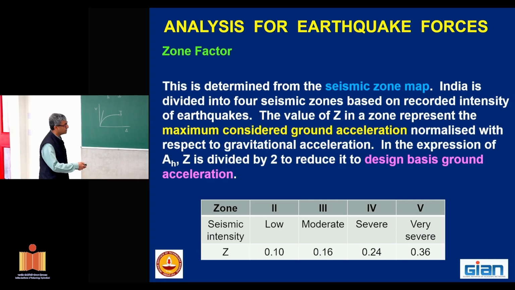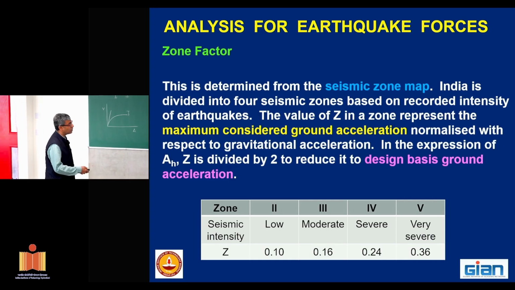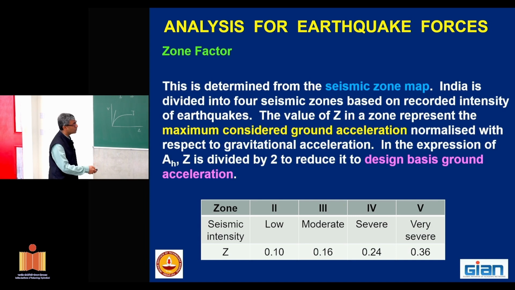If I go to Chennai, which is in zone 3, it is about 16% of g. If I go to zone 4, say Delhi or Mumbai, then it is 24%. If I go to a place like Guwahati, it is about 36% of the acceleration due to gravity.